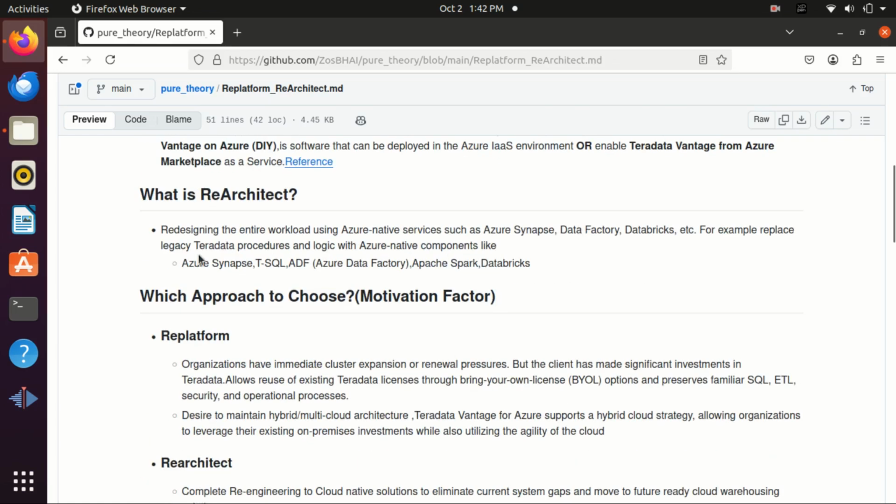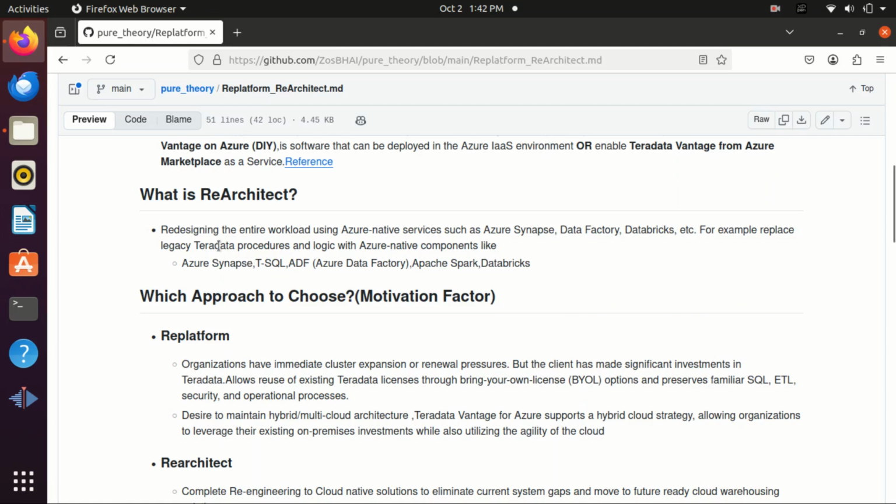Now let us look at Rearchitect. Here, instead of just lifting and shifting, you completely redesign the entire workload using Azure native services such as Azure Synapse, Data Factory, and Databricks.